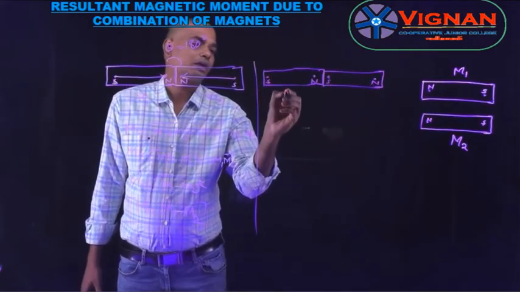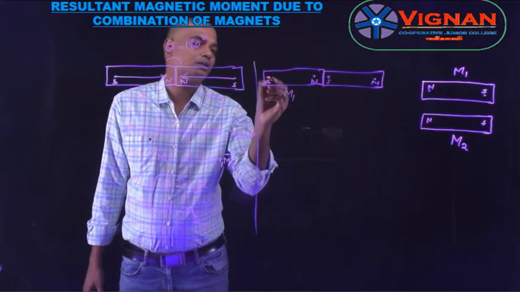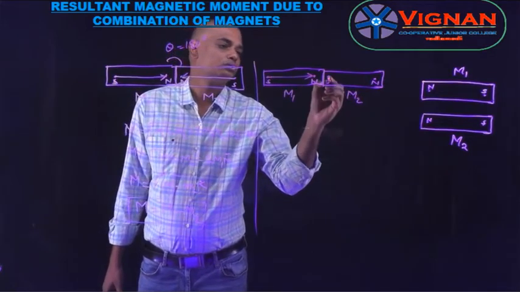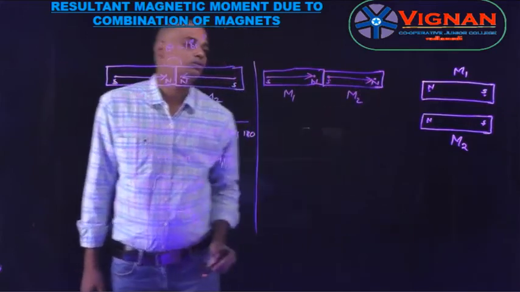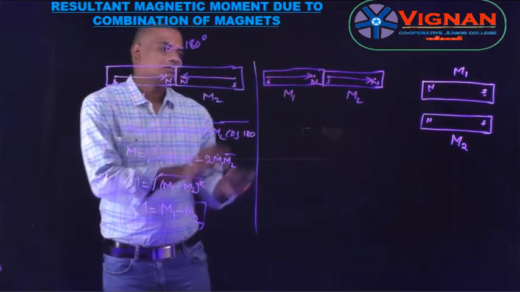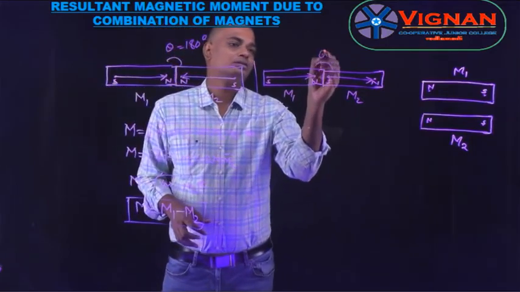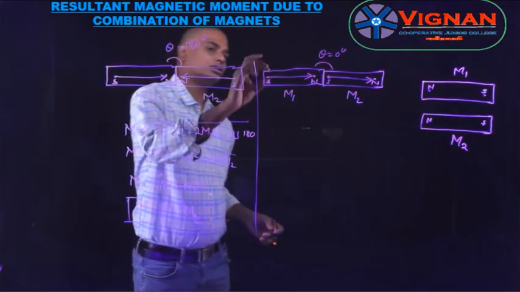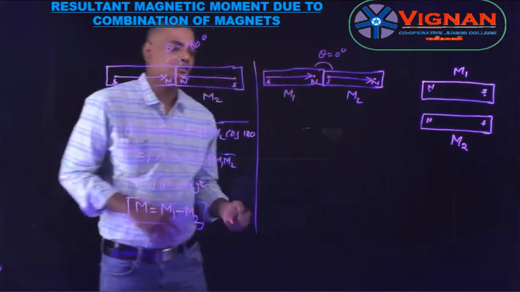The first magnetic dipole moment will be m1 and the direction is from south to north. For the second one it is m2, the direction will be from south to north. As this is placed coaxially, the angle here will be theta is equal to 0 degrees.